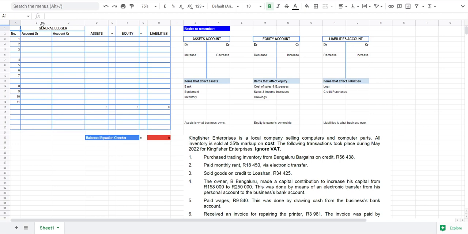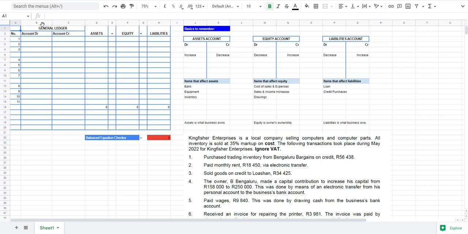Assets have to balance with equity and liabilities combined. Something to remember about asset accounts is that they increase on the debit side. So when you debit an asset account, you are saying that that account is going to increase.